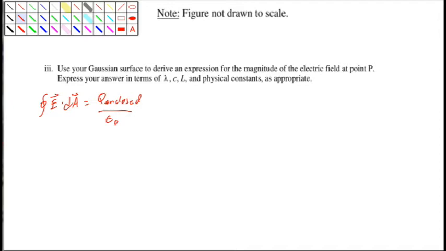So the area that we're concerned with here is going to be 2 pi c d, where d is the length of the cylinder, or the length of the cylindrical Gaussian surface, and c is the radius of the Gaussian surface.